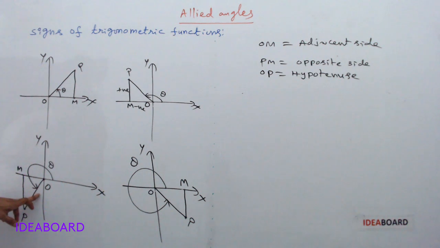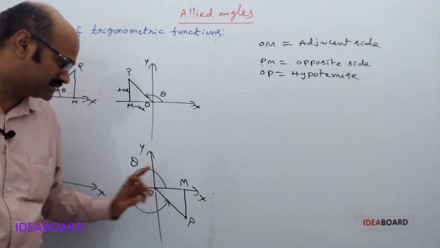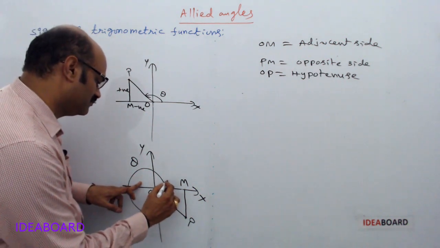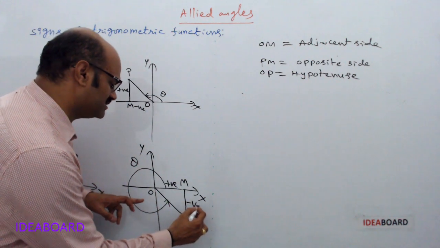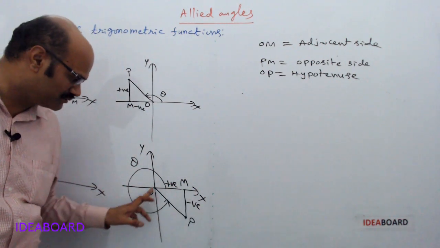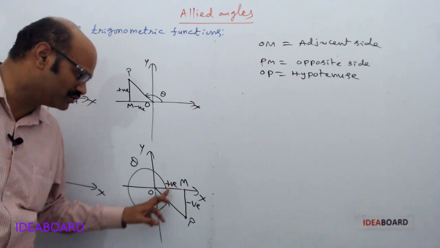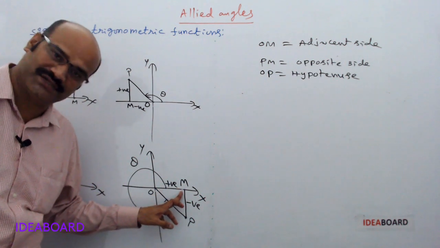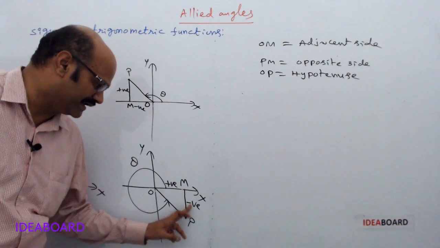Now when you come to this case, OM is negative, and PM is also negative. When you come to this case, OM is positive, PM is negative. In the fourth quadrant, we know that x-coordinates are positive and y-coordinates are negative. So the OM length is positive, the PM length is negative.